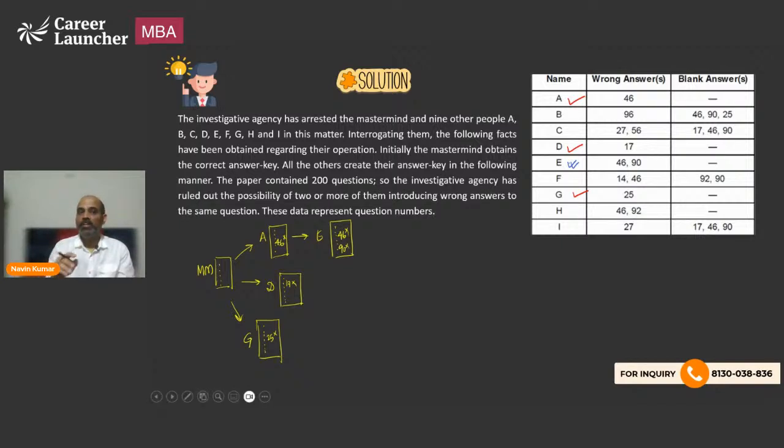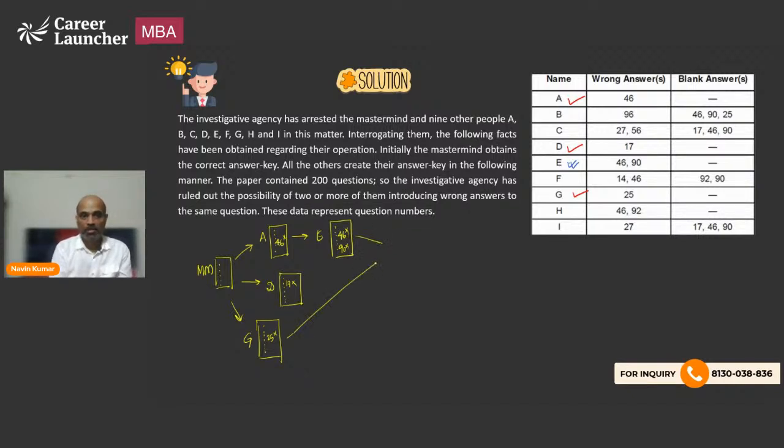So we need to find out, do we see 46, 25, or 17, any two of the numbers as blank answers? So we can see that we have got 46, 90, and 25 in option number B, right? So 46, 90, and 25 could mean that somebody must have copied from E and G, because that person is now confused.